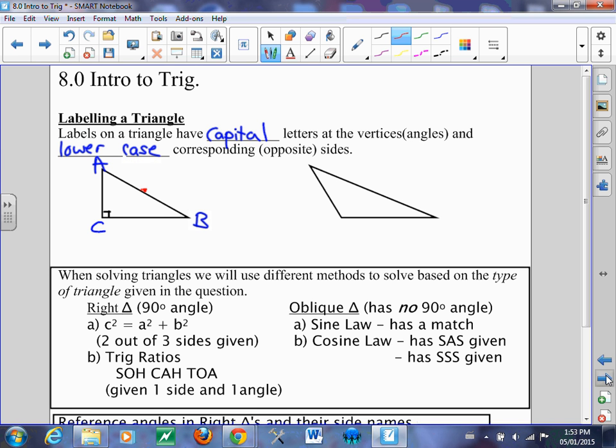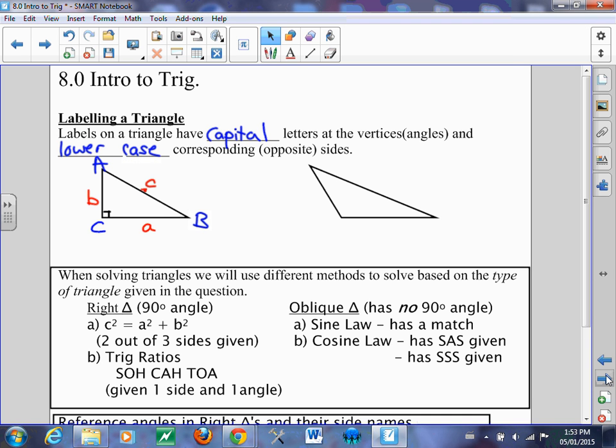But right now we're going to use a lowercase opposite side. So angle C is the 90 degrees, opposite is lowercase c. Likewise, between BC, instead of writing BC, I'm going to write lowercase a because it's the opposite side to the angle. Okay? Same with B.